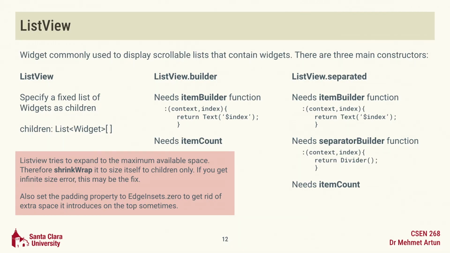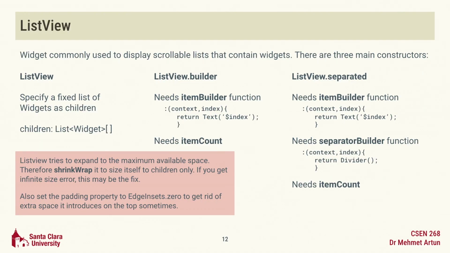Okay, so this is important. The shrink wrap. ListView is also something that tries to occupy every space that it can get. So if you put the ListView inside a column or some other objects that can clash with it, you will get errors.